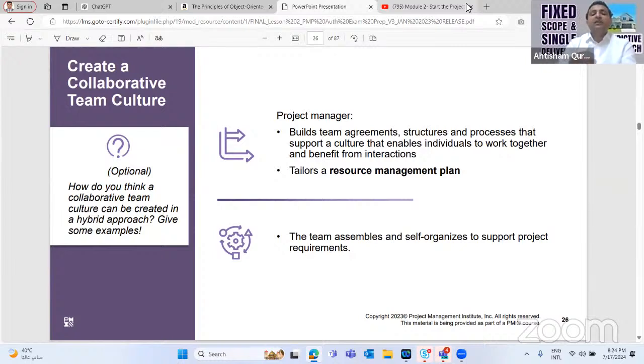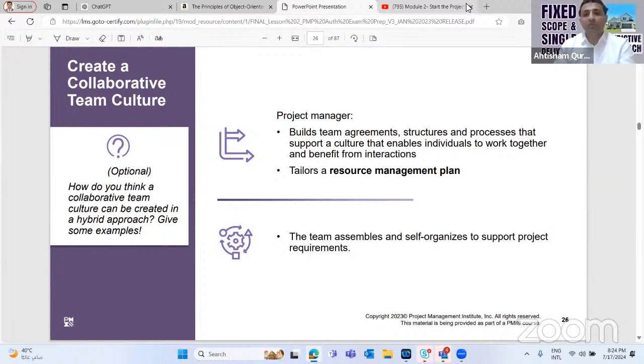Traditionally, projects used to have a very structured approach of resourcing, where all the requirements are identified in the resource management plan, and resources are onboarded according to the plan when and where they are needed.